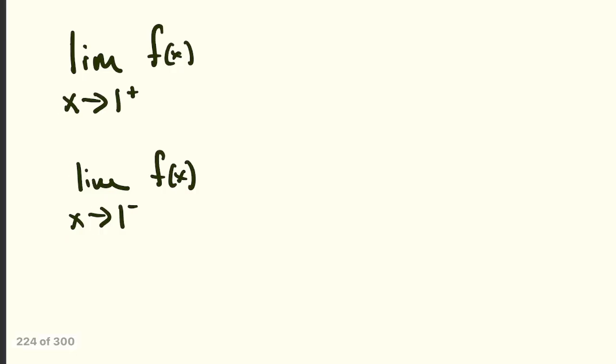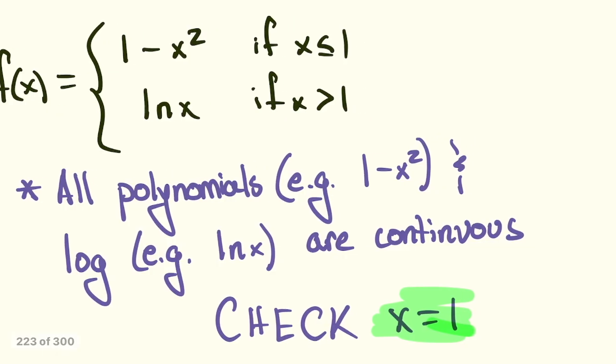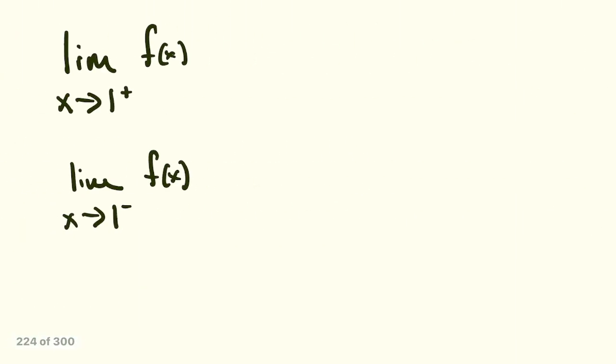So from the right-hand side, that's going to be numbers that are slightly bigger than 1. So in this case, we notice it's going to be the first part here. Bigger than 1 is going to be 1 minus x squared. So this is the limit as x goes to 1 from the right-hand side of 1 minus x squared.